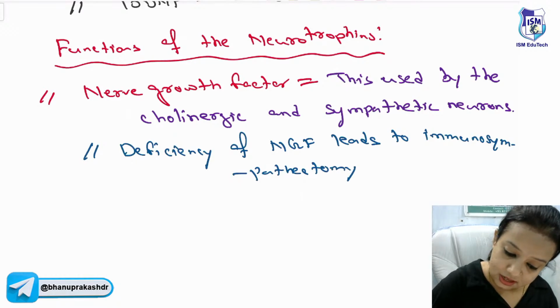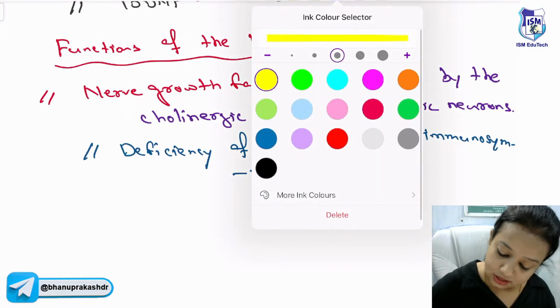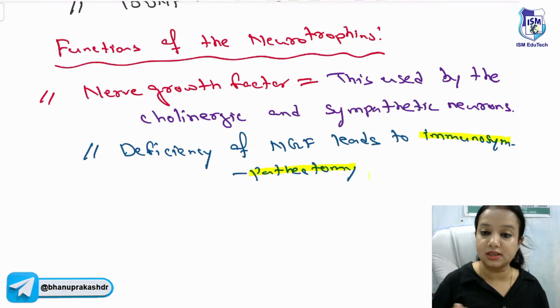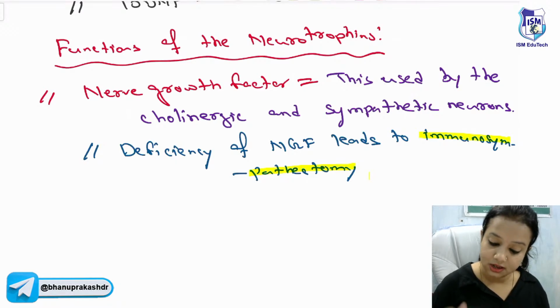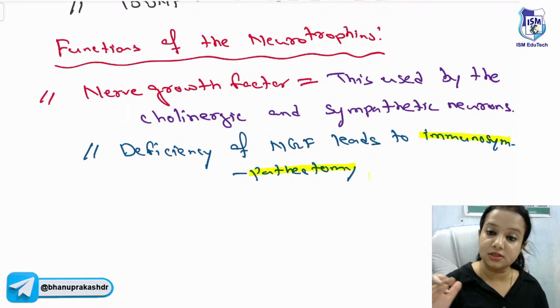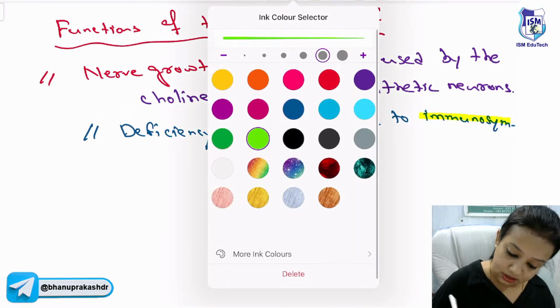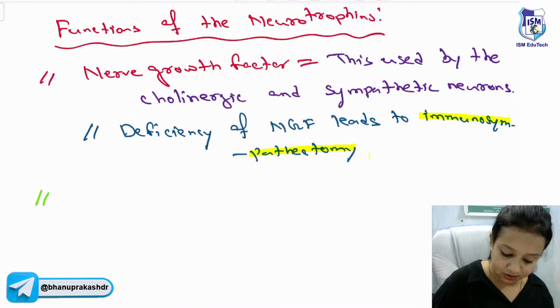This is a condition that destroys the sympathetic nerve fibers. Whenever there is any antibody raised against the nerve growth factor, it destroys the nerve growth factor, making it deficient, and this deficiency leads to immunosympathectomy.